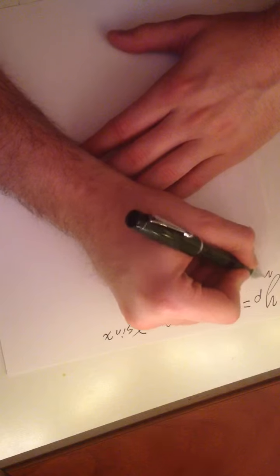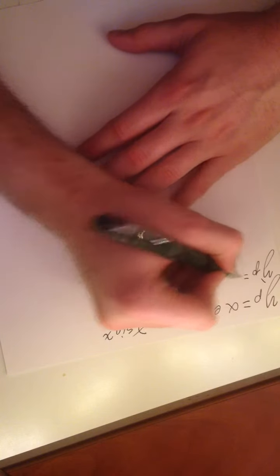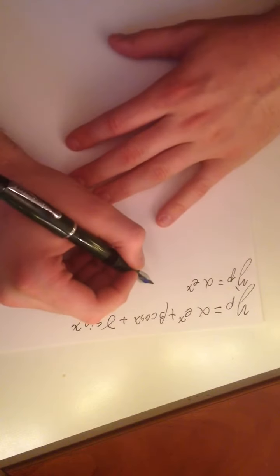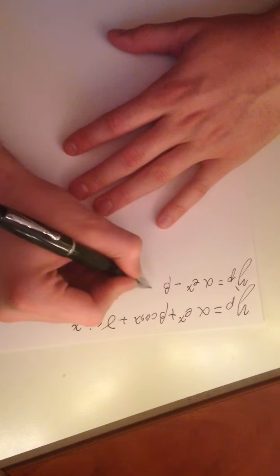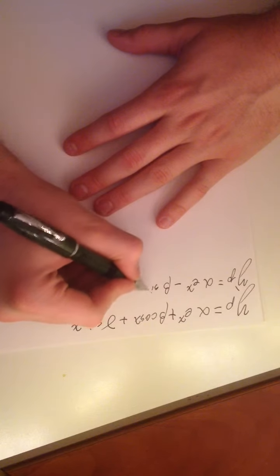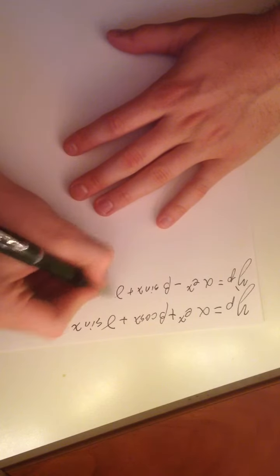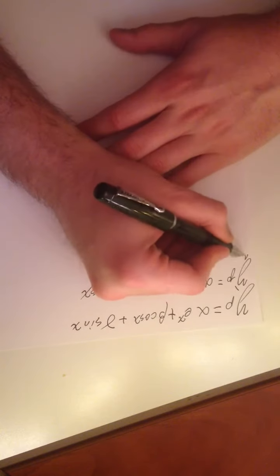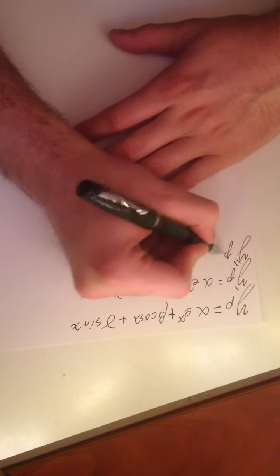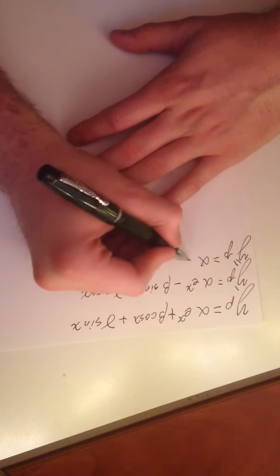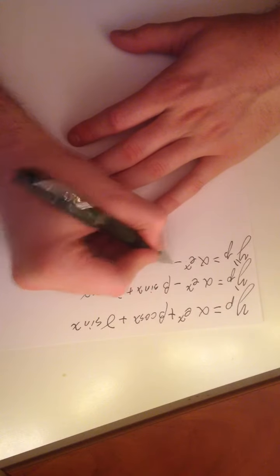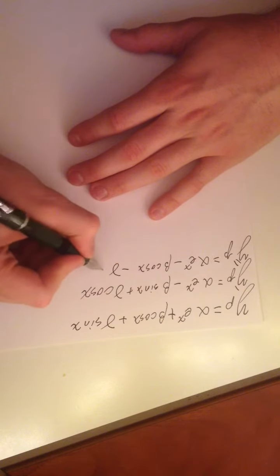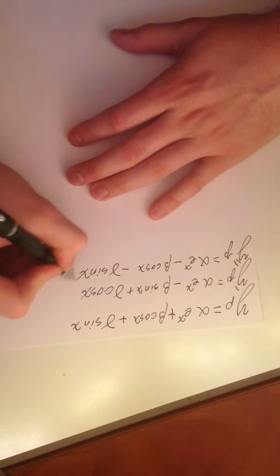Therefore, y prime of p is equal to alpha e to the x minus beta sine x plus gamma cosine x. And our y double prime of p is alpha e to the x minus beta cosine x minus gamma sine x.